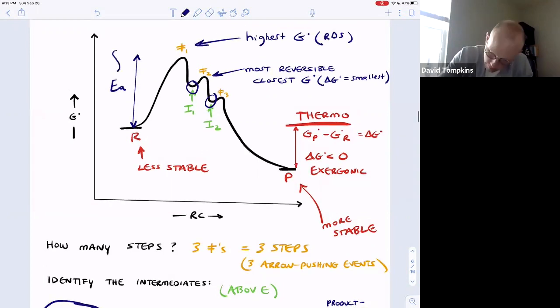So these ideas of activation energy and speed and rate constant, they're based on how high the barrier is. Okay, and that tells you if it's fast or slow.